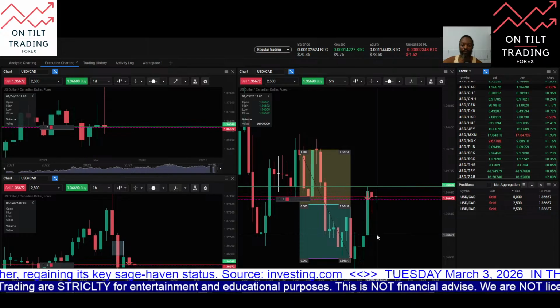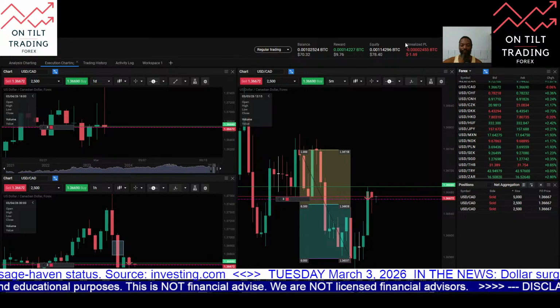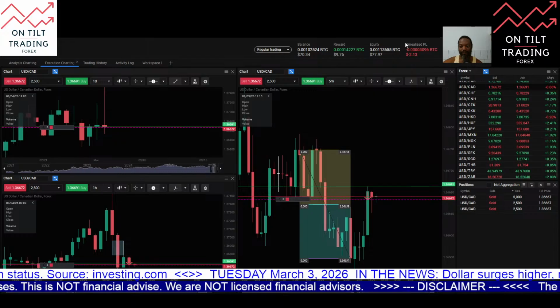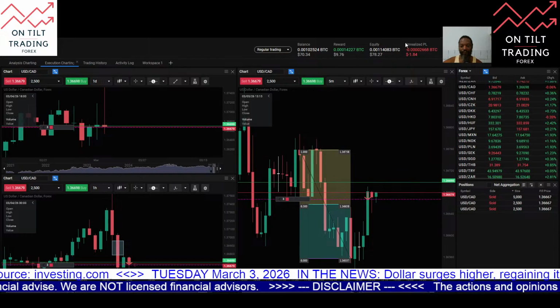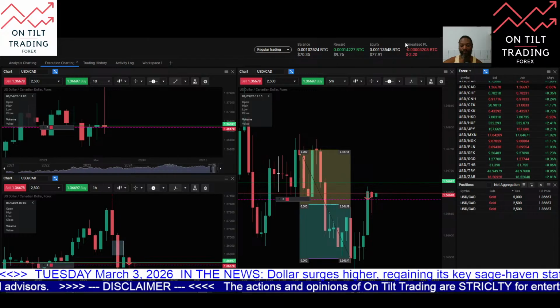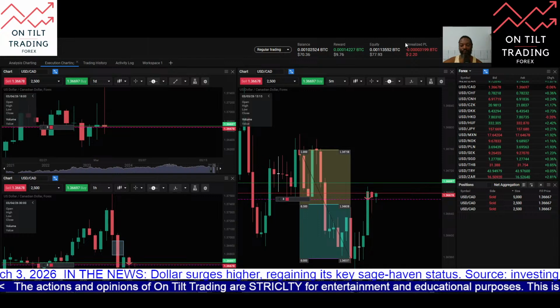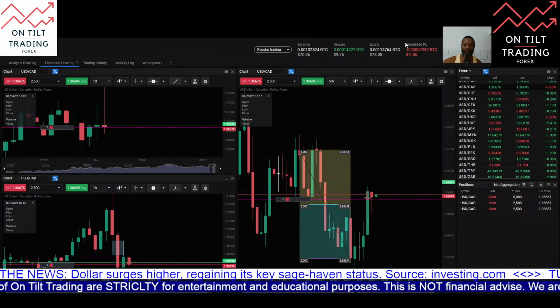Still consolidating here. Price testing the previous 5-minute high.